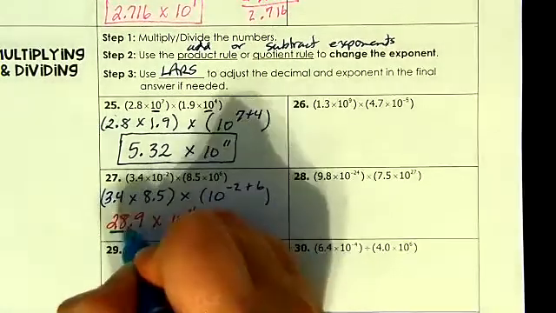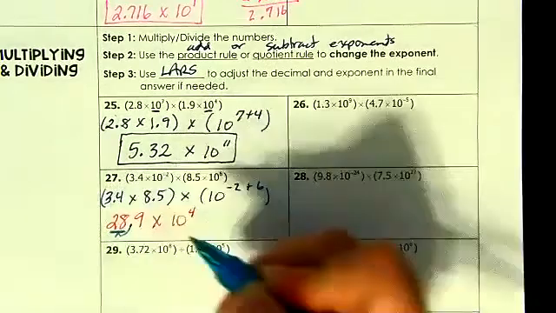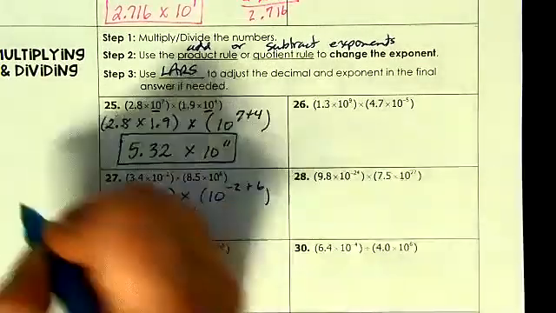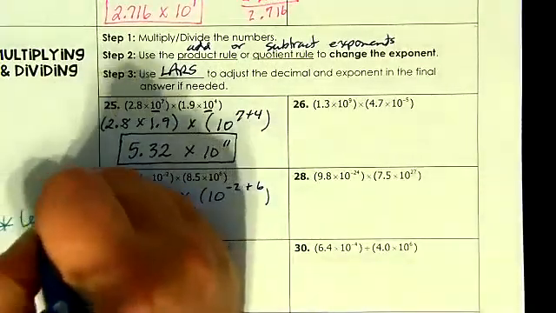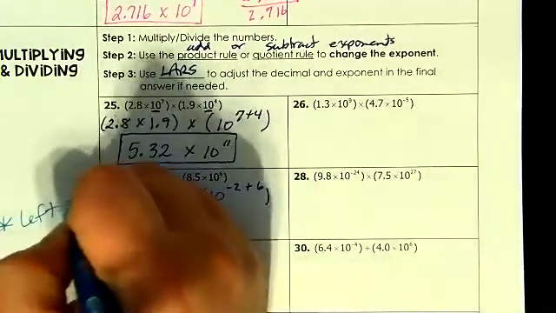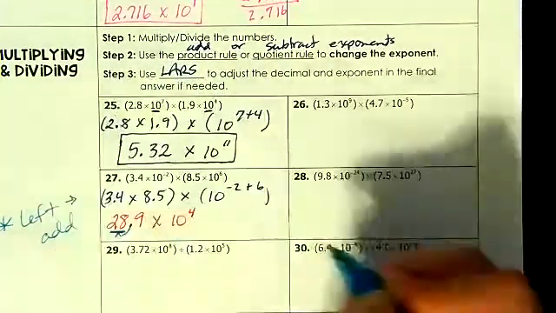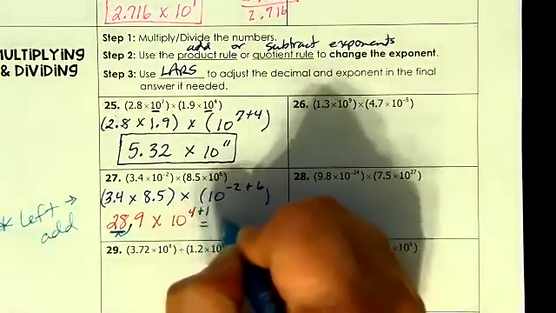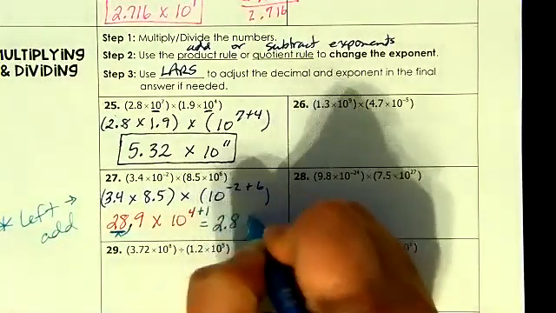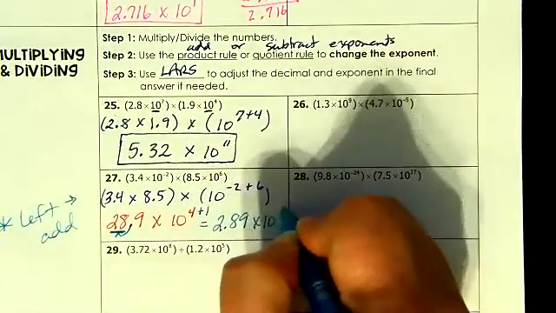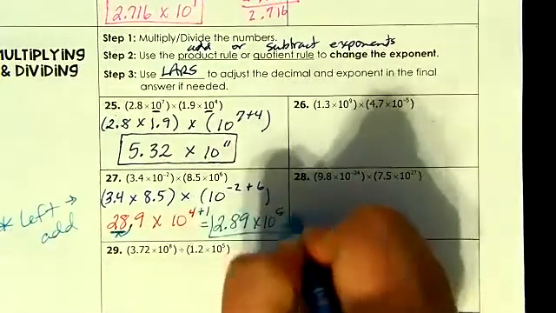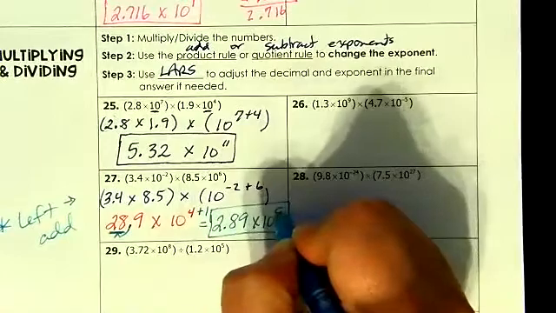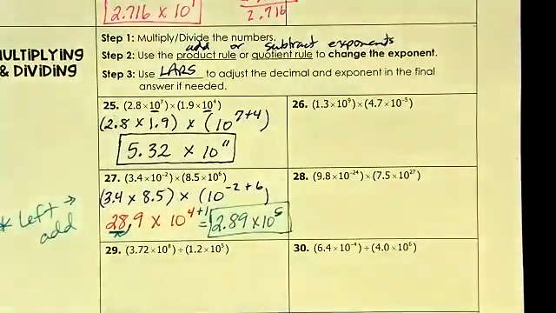So I have to move to the left 1. Since I am moving left, that means I'm going to add. So I add 1, and we end up with my final answer of 2.89 times 10 to the 5th.